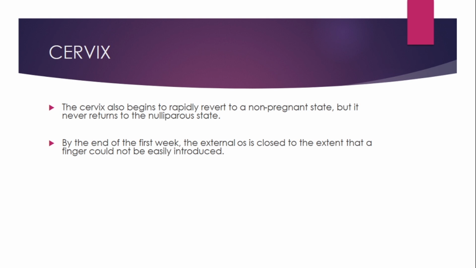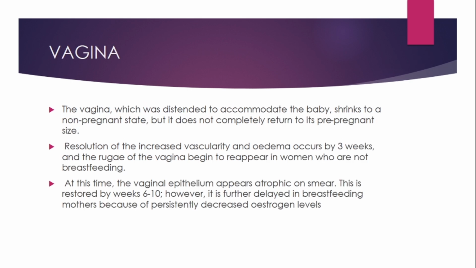So now, let's talk about the changes in the cervix. The cervix begins to rapidly revert to a non-pregnant state, but it never returns to nulliparous state. And by the end of the first week, the external os is closed to the extent that a finger will not be easily introduced. Then the vagina, which was initially distended to accommodate the baby, shrinks to a non-pregnant state, but it does not completely return to its pre-pregnant size.